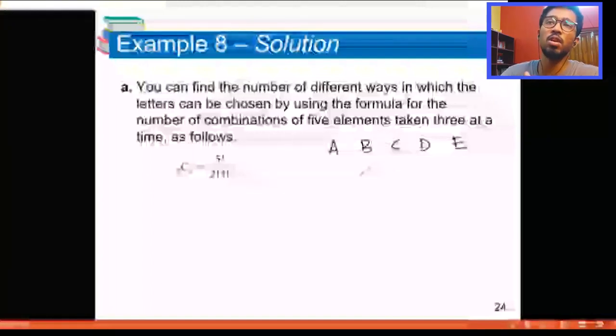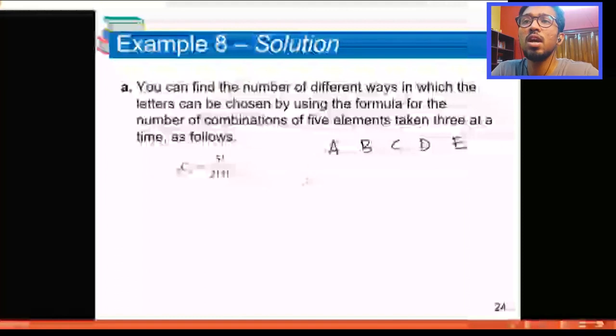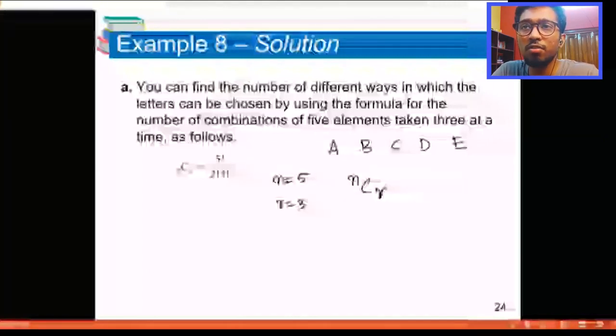Whenever you are selecting or choosing, we have to go for combination. So here n is equal to 5, and we are choosing 3 from it, so r is equal to 3. The formula we will use is nCr, combination of 3 from 5.